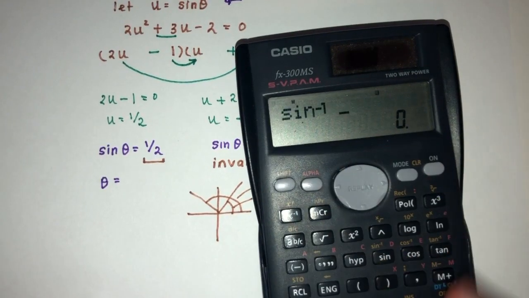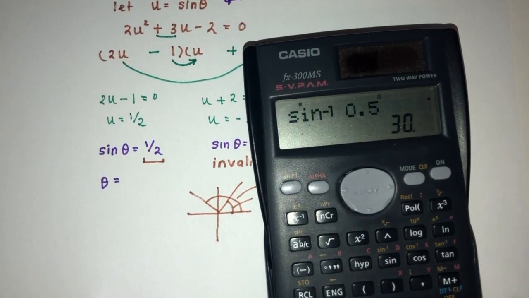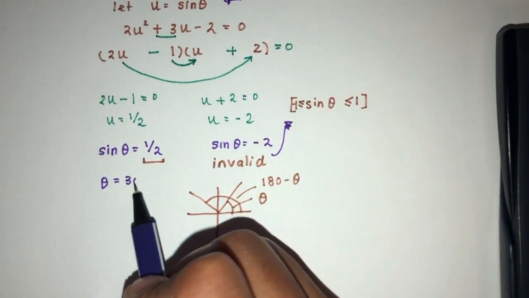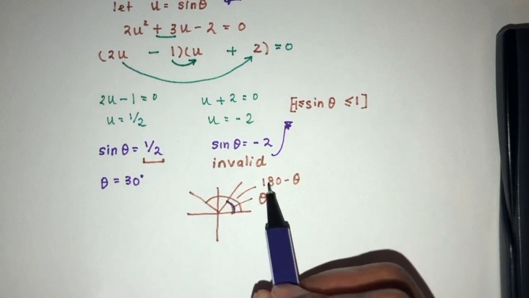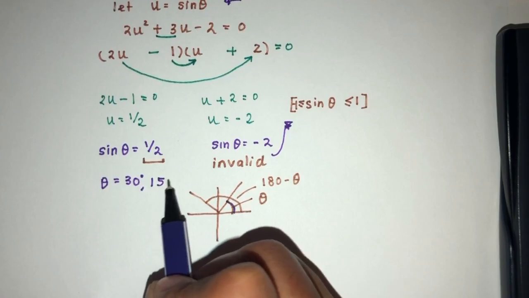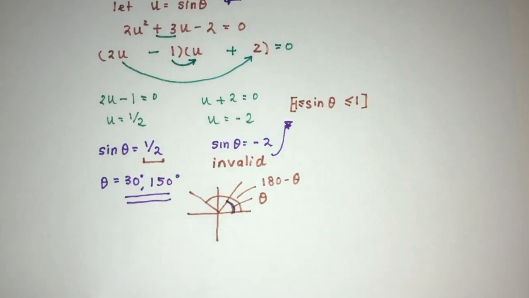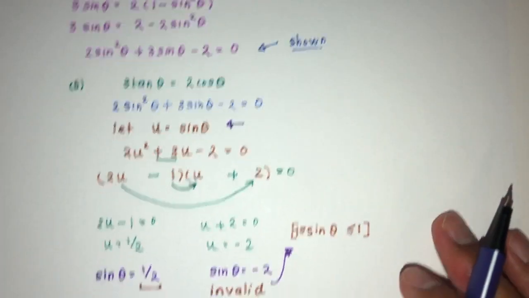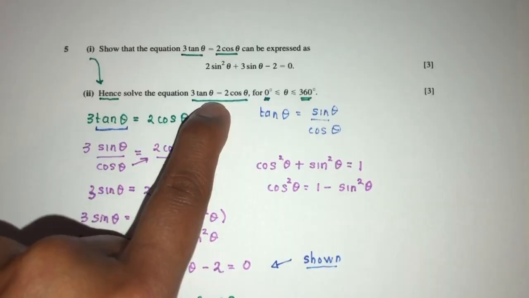Sine inverse of half, here we have to use degrees, that will be 30. This is the first angle here. We also have to find this one, that will be 180 minus 30, that should be 150 as your answer. So here in the end, we end up with two values for theta. Theta will be 30 or 150 as your final value for this equation to be true.